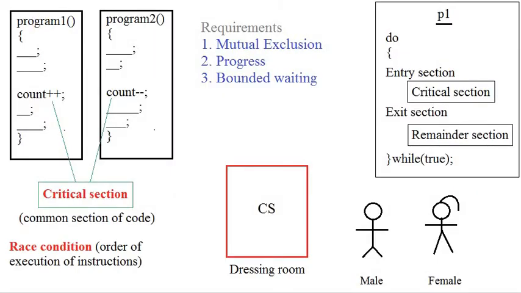First of all, you see an example here: program 1 and program 2. In program 1, some statements are there, and in program 2 also there are a number of statements. But in both the programs, there is a common variable, that is the count variable.